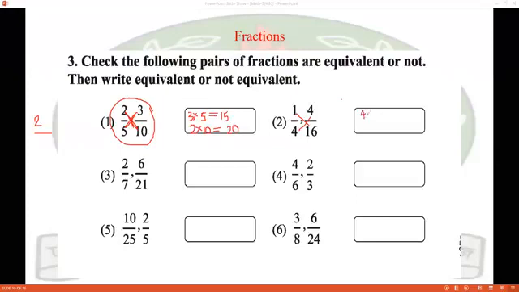When you multiply 4 into 4, you get 16, and 1 into 16, you get 16. So the 2 multiplications are the same, 16 and 16, so we can say the 2 fractions are equivalent. So number 1 is not equivalent and number 2 is equivalent.